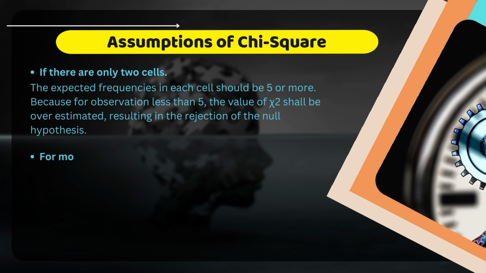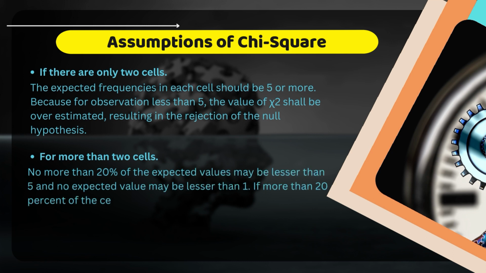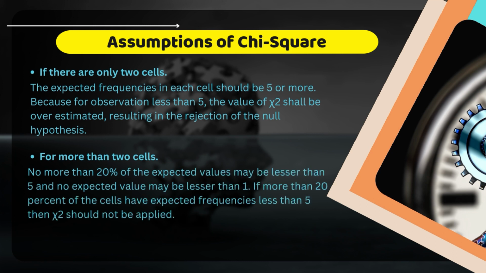For more than two cells, the next assumption is that no more than 20% of the expected values may be lesser than 5 and no expected value may be lesser than 1. If more than 20% of the cells have expected frequencies less than 5, then chi-square should not be applied.